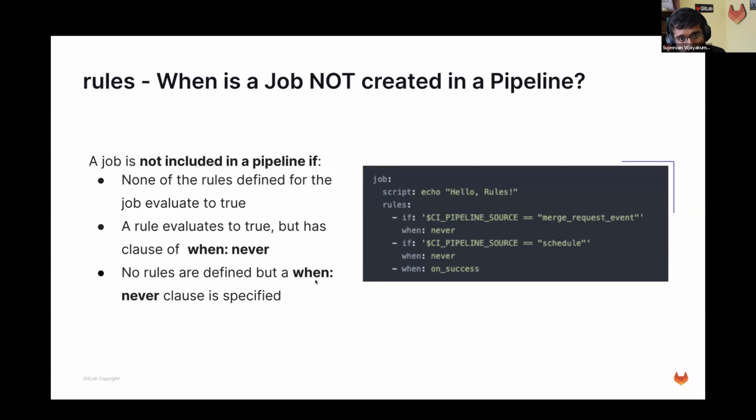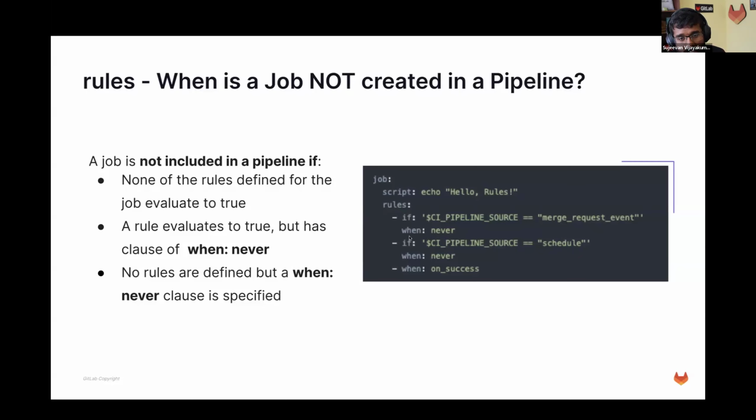And the third point over here, if there are no rules defined but a when: never clause is specified, then it will also not run. As I said, this can be a bit confusing, but if you look into the specific example, it probably will make sense. If you look into these rules, you can see the first one is comparing the variable CI_PIPELINE_SOURCE with merge_request_event, and the second rule is with schedule.